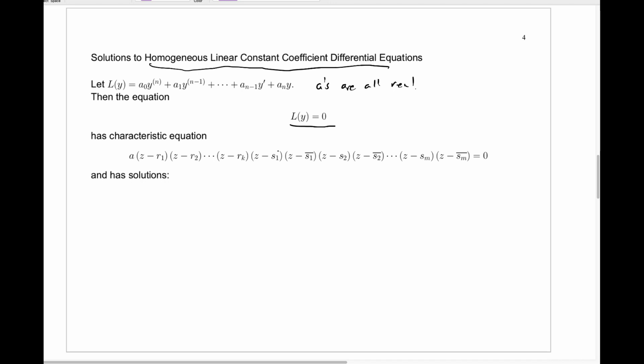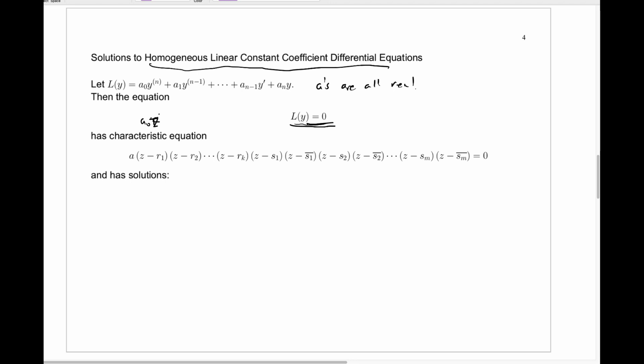Well, there'll be a characteristic equation for this homogeneous differential equation, and that characteristic equation will be some nth degree polynomial. We could write it at first, just based on the form of L here, as a naught, and I'm going to use z as our variable instead of r the way the book does, because that'll be a little bit nicer in this context.